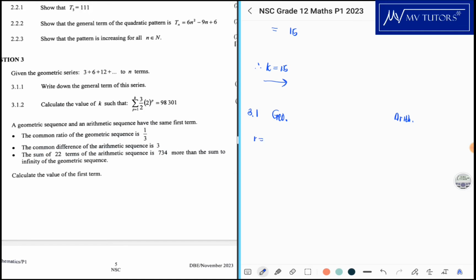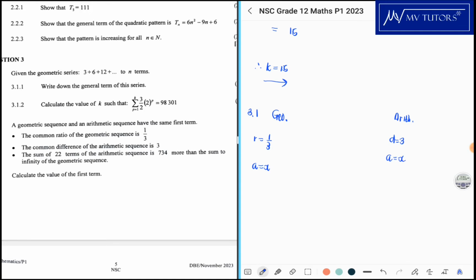So we know that r is equal to a third. And they told us that the first term is equal for both the geometric and the arithmetic. Okay, so I can then say maybe a is equal to x. Now the common difference for the arithmetic sequence is 3. So I know that d is equal to 3 and a is equal to x.